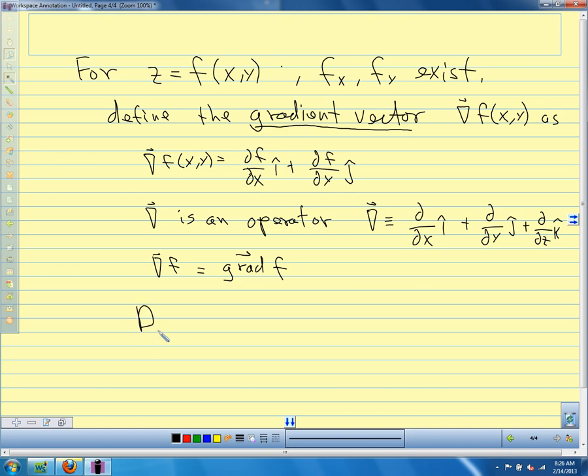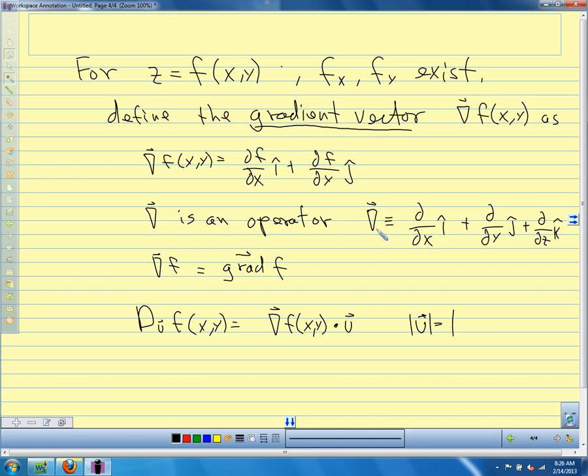So we can say the directional derivative of f of x y is del f dot u, where u, our vector, has magnitude equal to 1. Can you just write the del symbol, or do you have to always have the f?